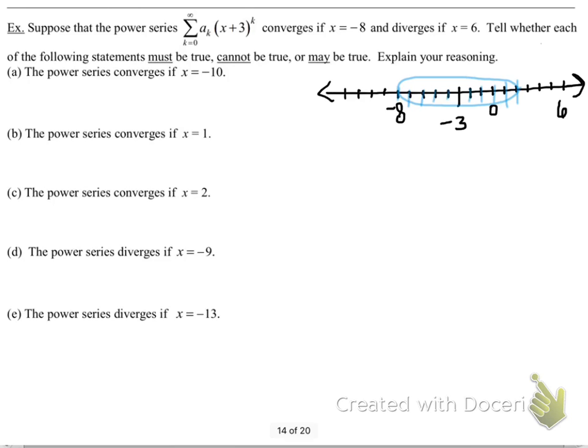What we also know here is that 6 is not included. So 9 units out is not part of the radius of convergence.